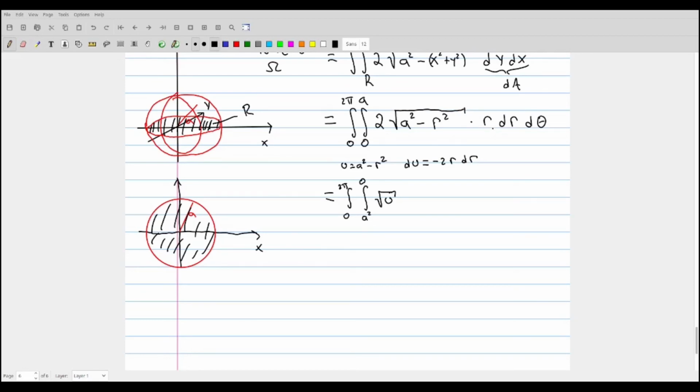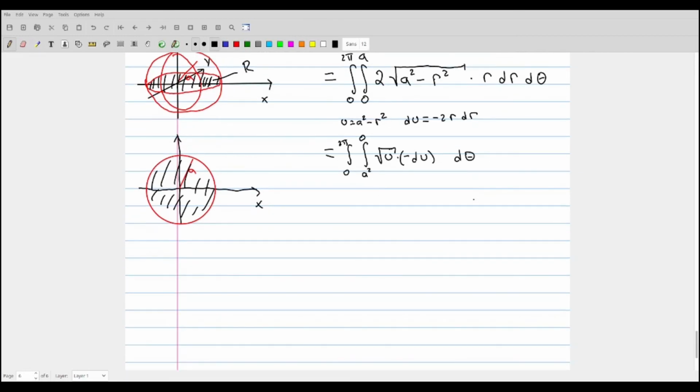Then you have 2r dr, which corresponds to negative du. So this negative sign switches the order of integration of this inner integral. We'll express square root of u as u to the 1/2.